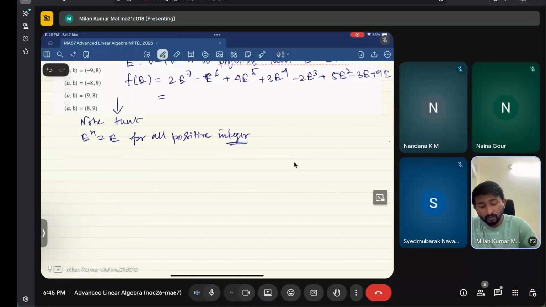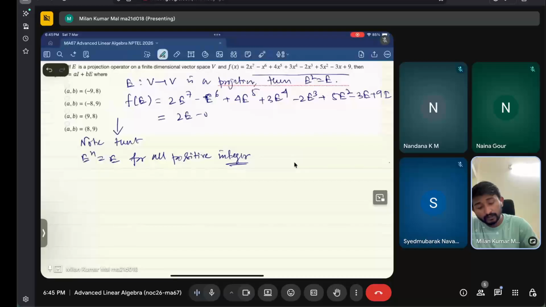So that means this will be 2 times E minus E plus 4E plus 3E minus 2 times E plus 5E minus 3E plus 9 identity. So this will be like 2 minus 1, 1 plus 4, 5 plus 3, 8 minus 2, 6 plus 5, 11 minus 3, 8, plus 9.